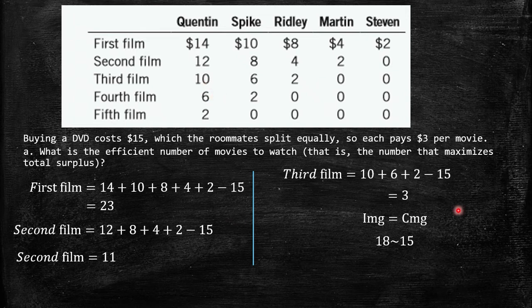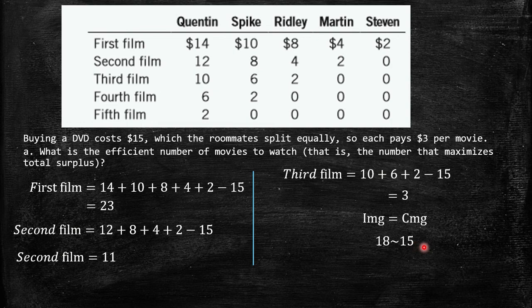As you can see here, we end up in the situation where marginal benefit is exactly equal to marginal cost. At the end of the day, we know that the cost of each movie is 15, and the benefits are 10 plus 6 plus 2, 18.